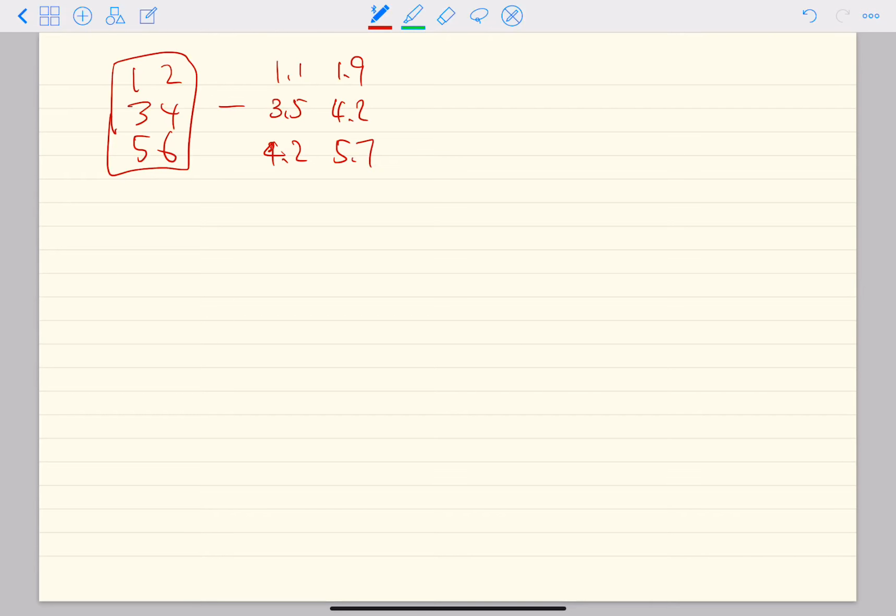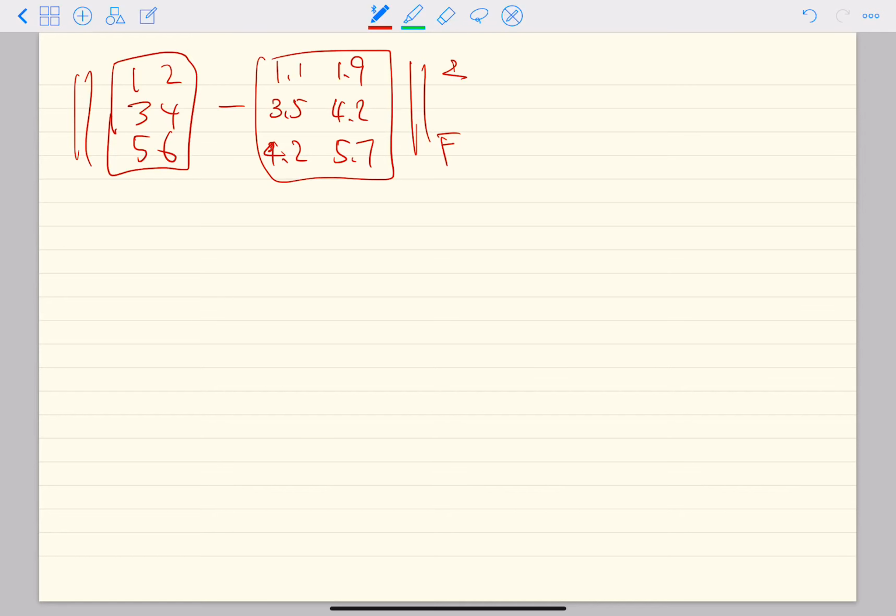By the way, if we have this matrix, you know how to compute the Frobenius norm, right?